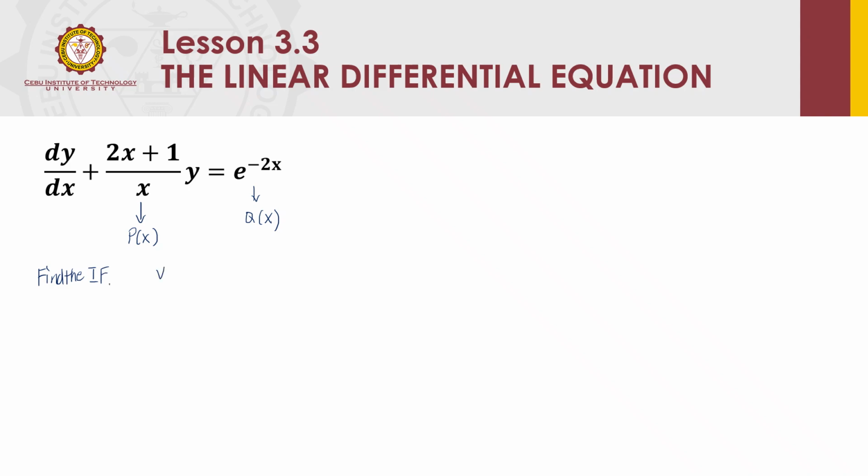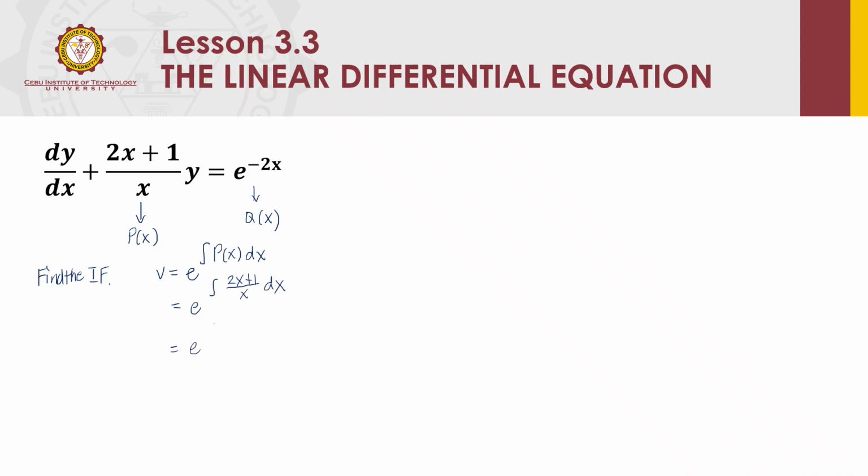We'll use the letter v, just like in the other method of solving first order and first degree ordinary differential equations. So it would be e to the integral of p of x dx, since our dependent variable here is y. Simply plug in the value of p of x, which is 2x plus 1 all over x, dx.